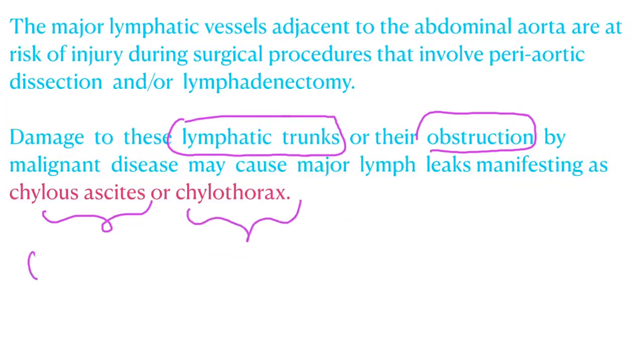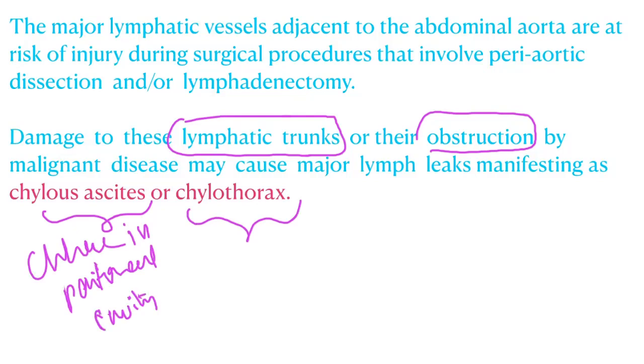Chylous ascites means presence of chyle in the peritoneal cavity, whereas chylothorax means presence of chyle in the pleural cavity.